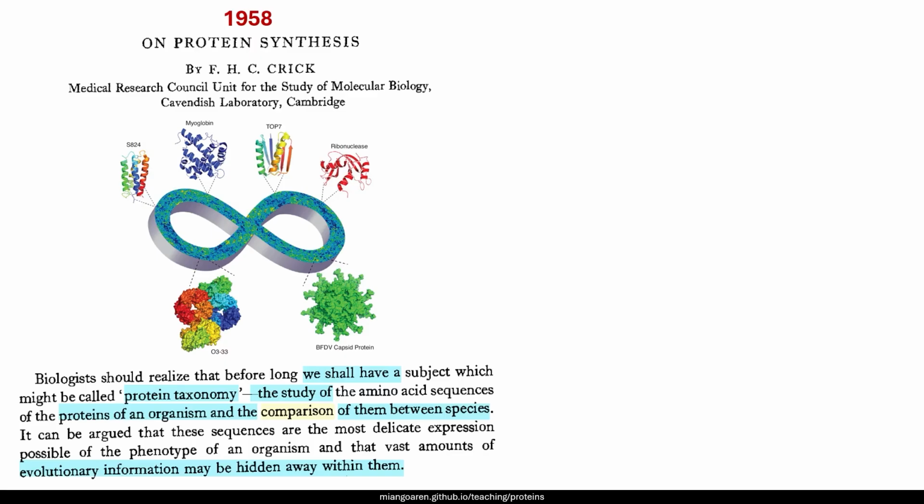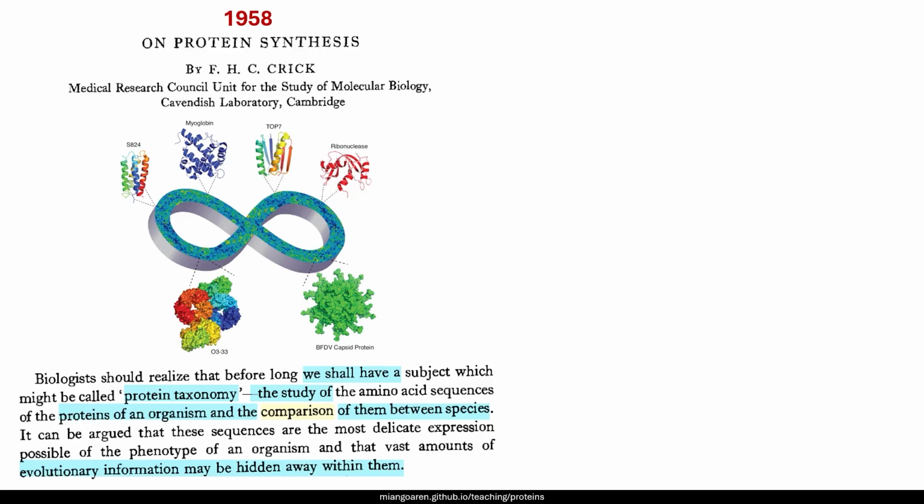And then, how can we be clear about what we are talking about and share our ideas in a clearer way? At least since 1958, one of the first publications on protein organization was carried out by Francis Crick.